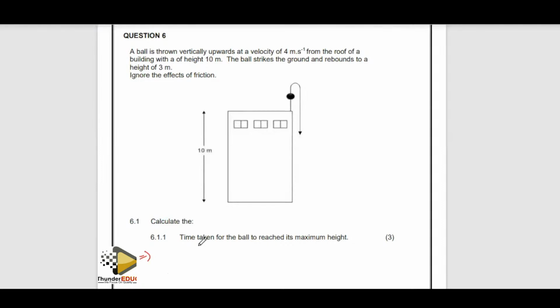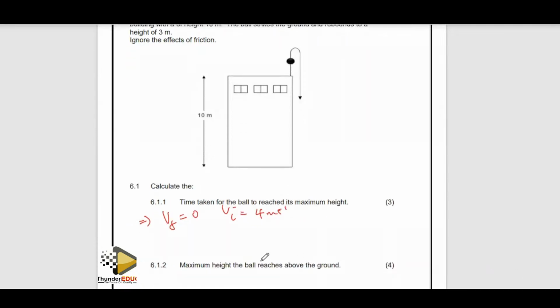So they want us to get the time taken for the ball to reach the maximum height. At maximum height, final velocity is 0, and our initial velocity is 4 meters per second. The ball strikes and rebounds to a height of 3 meters. This is pretty quick. We can say Vf is Vi plus a delta t.